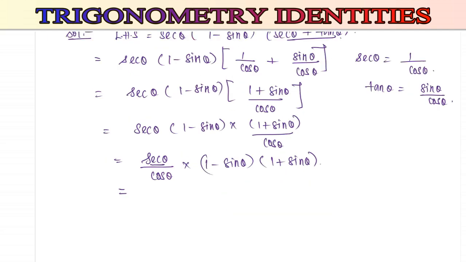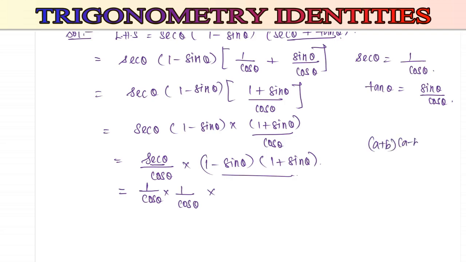Secant theta I can write here 1 divided by cos theta, and in the denominator already we have 1 divided by cos theta. Into this, it is in the form of a plus b into a minus b.